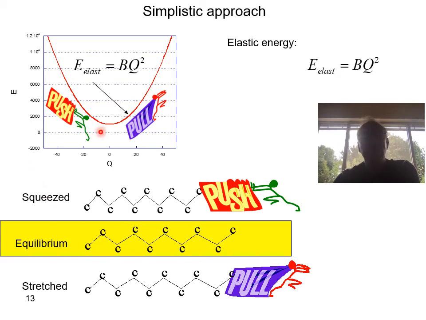And because I haven't managed to find a 3D screen, we will continue using this simplistic approach where all the configuration coordinates are allowing us to form just a 2D map. So really this is the elastic energy of the molecule or the spring. And the spring constant is B.